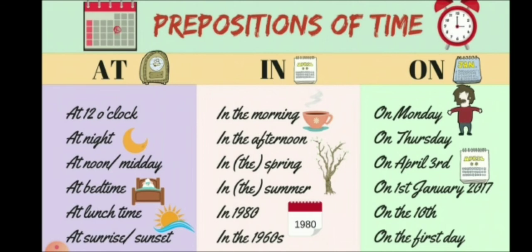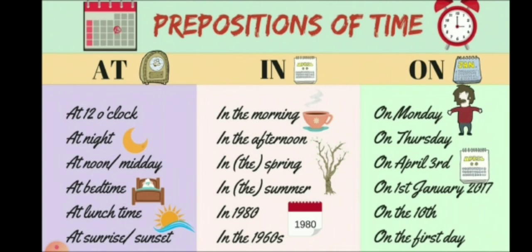In. In is used to discuss months, seasons, years, centuries, general times of day and longer periods, such as in the past, in the morning, in the afternoon, in the spring, in the summer, in 1980, in the 1960s. So, on.